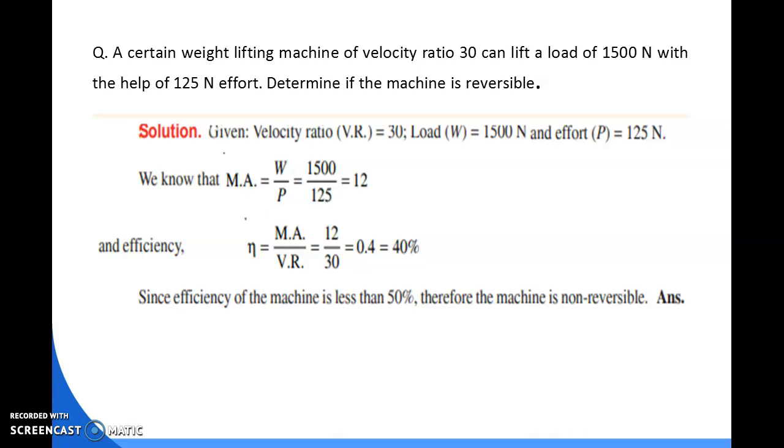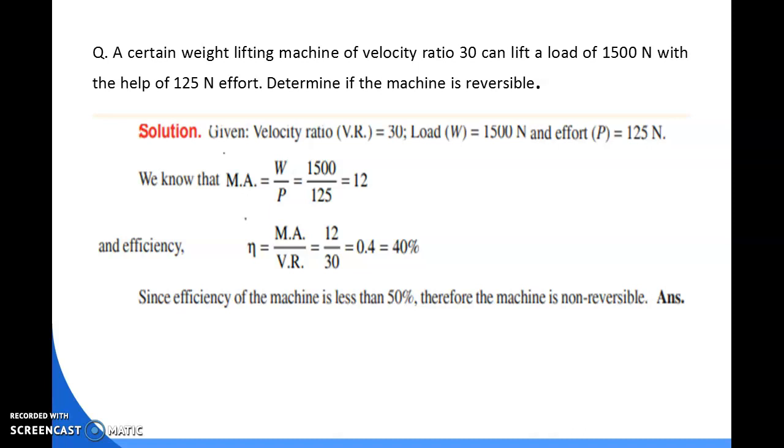Efficiency is equal to mechanical advantage divided by velocity ratio, so 12 by 30 is equal to 0.4. Expressed as a percentage, we multiply 0.4 by 100. Hence, the efficiency of this lifting machine is 40%.